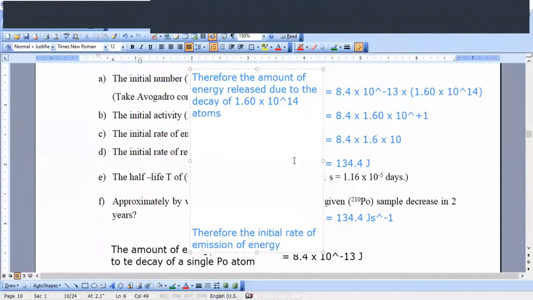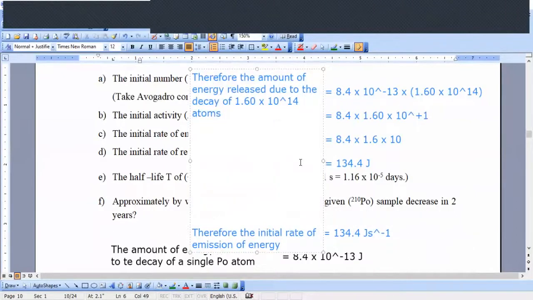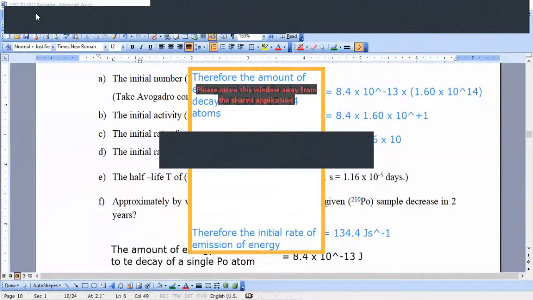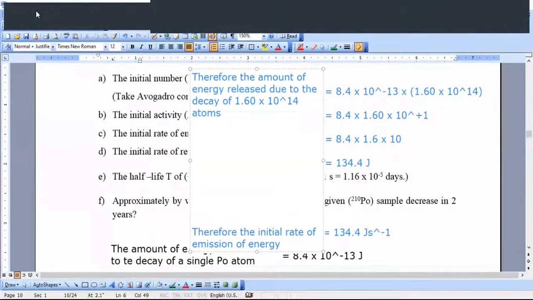Therefore, the initial rate of emission of energy equals 134.4 joules per second.